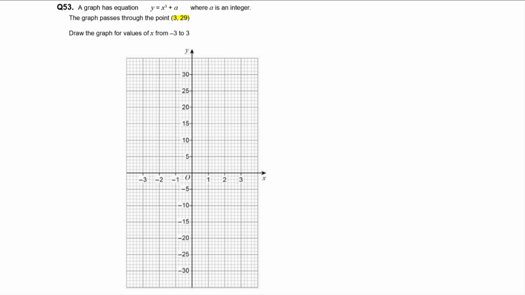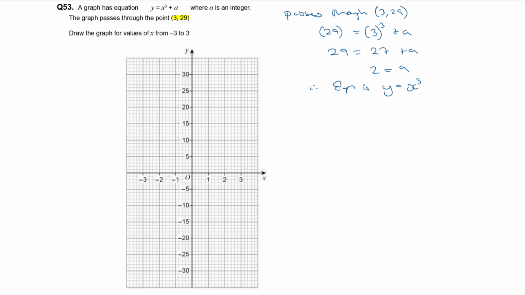Because I know the graph passes through 3, 29, I can say that the y value, 29, is equal to the x value, 3 cubed plus a. So 3 cubed is 27, so 29 equals 27 plus a, so a must be equal to 2, and therefore the equation is y equals x cubed plus 2.